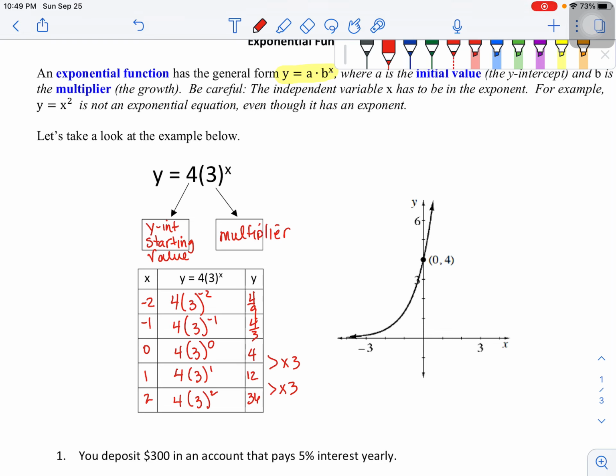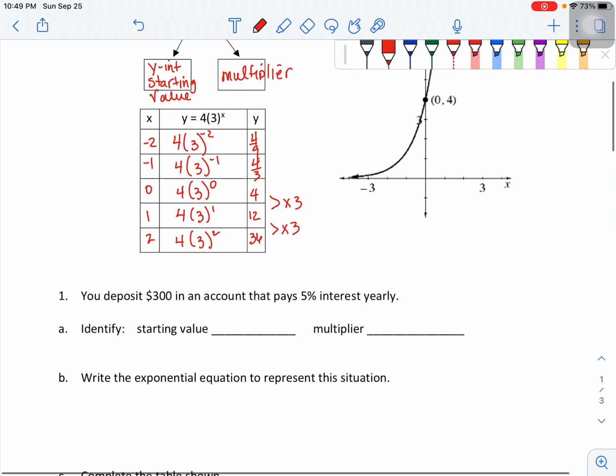Let's do a word problem. It kind of makes more sense when we talk about growth in a bank account. So we're depositing $300 in an account, and it pays 5% interest yearly. So your starting value is $300, right? Your multiplier is 5%, but you're not just multiplying by 5%. We're going to do this.